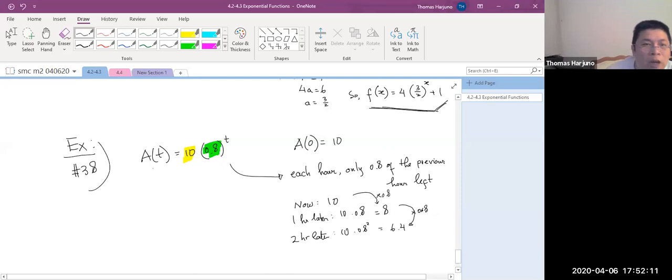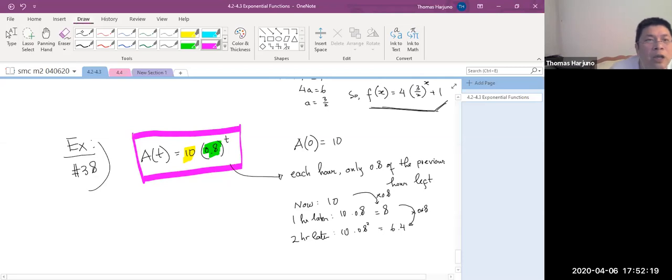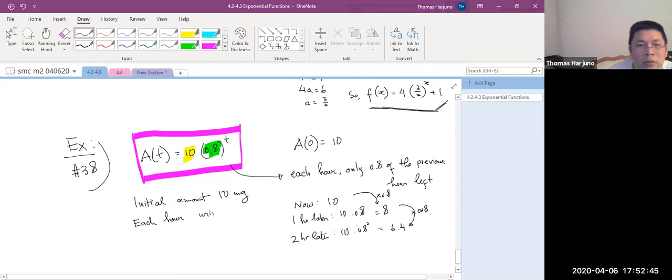Okay, so if I rephrase my question without giving you this equation, I can say it this way: the initial amount is 10 milligrams, and each hour the urine will release 20%.